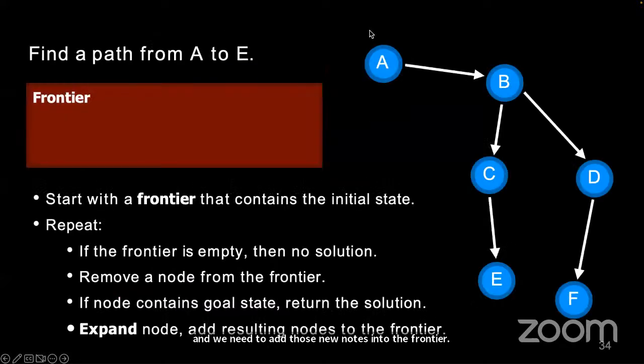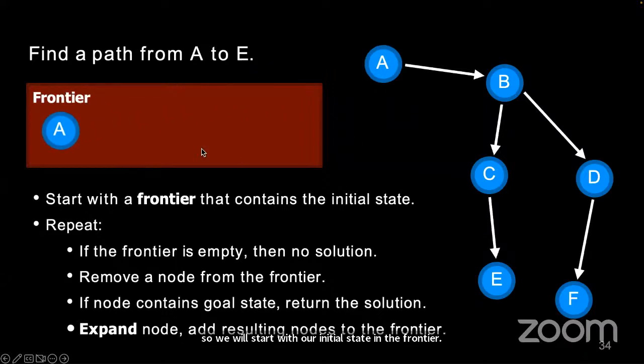So let us take an example. Here is a hypothetical graph which represents a search problem. We are trying to find a path from node A to node E. So we will start with our initial state in the frontier.